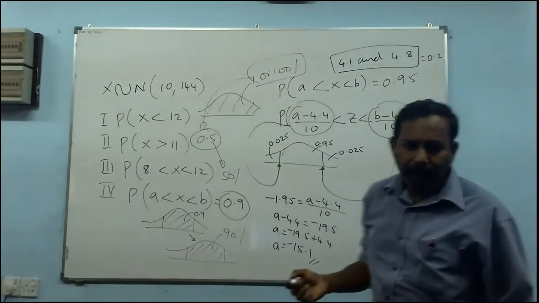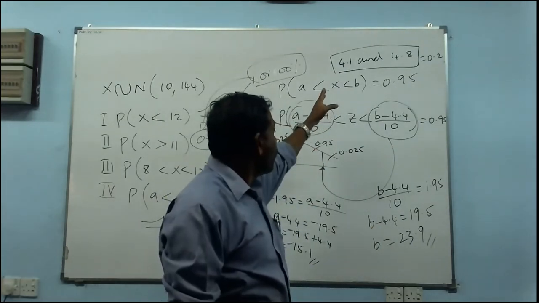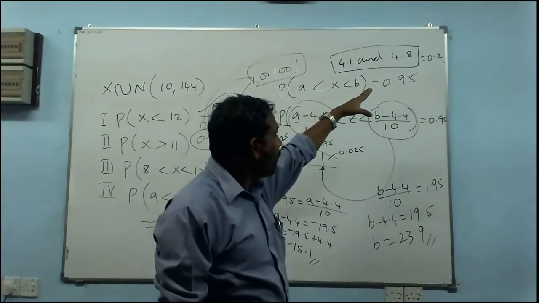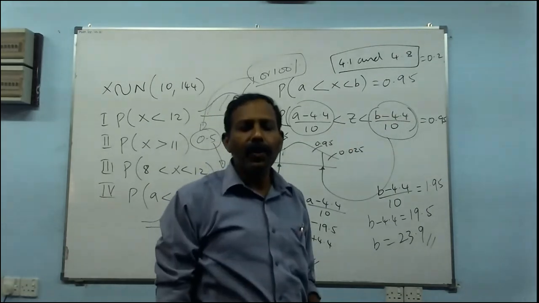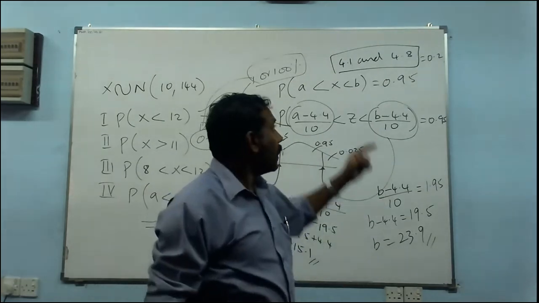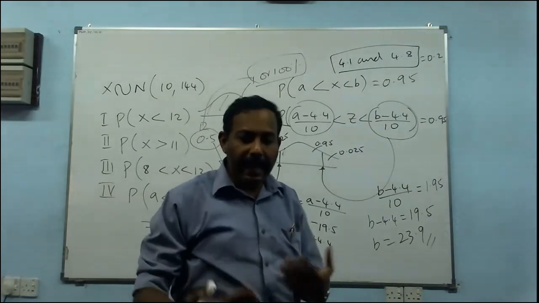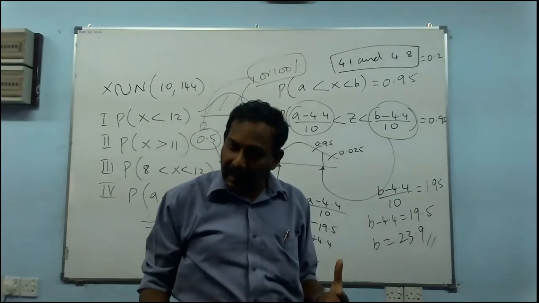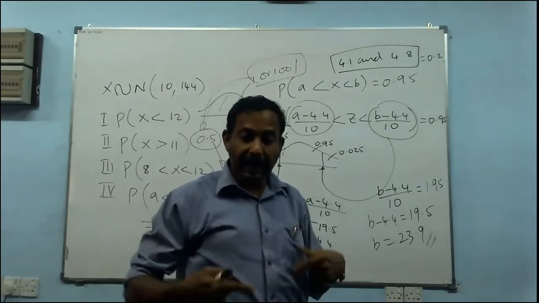What does it mean? Nobody understands. If I say 20% of the farmers obtain a yield between 4.1 to 4.8 metric ton per hectare, it has some meaning, isn't it?